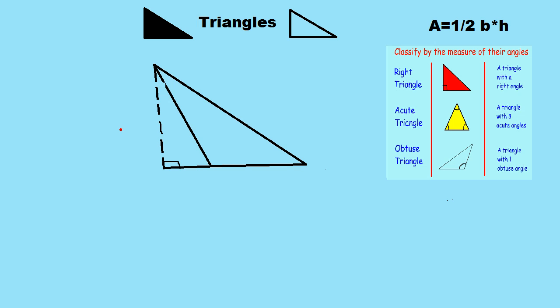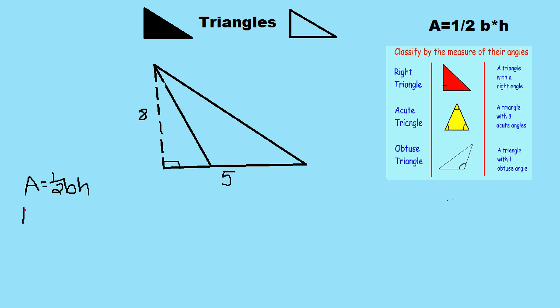And let's take a look at this obtuse triangle, which we have here because the angle is larger than 90 degrees. So we have to draw this dotted line to give us a right triangle so that we can get our height. So our given information is that our height is 8 and our base is 5. So once again, area is equal to 1/2 base times height.